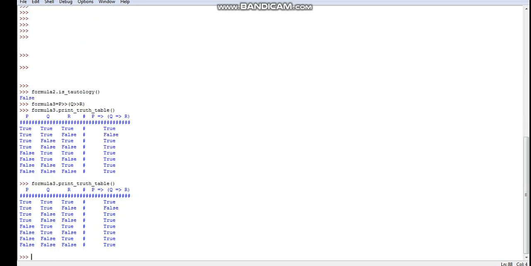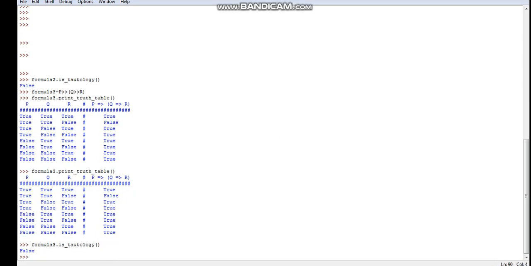Let's check it. Formula 3. Its tautology is false.